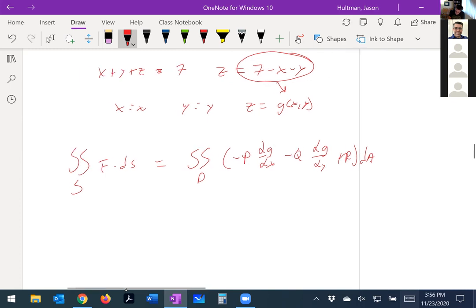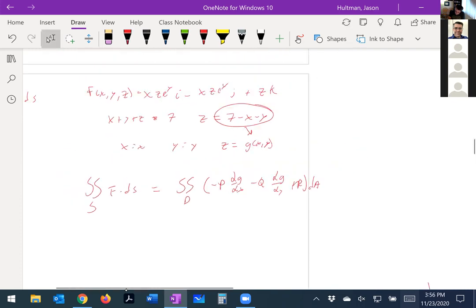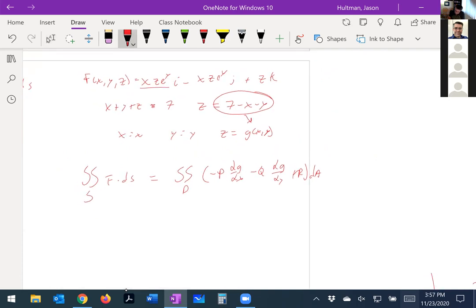And so we have to say, well, what is P in this case? Well, P is going to be this thing here. Negative P is xz e to the y times dg/dx.